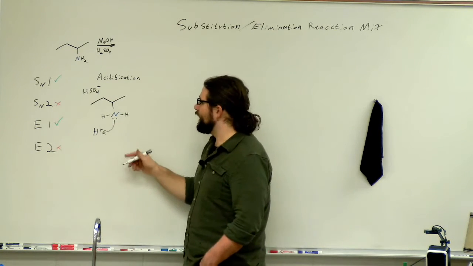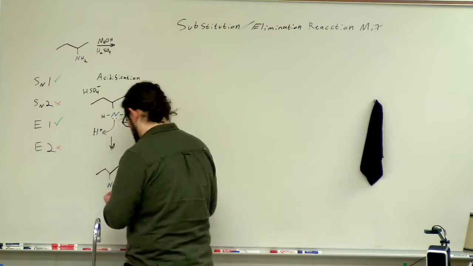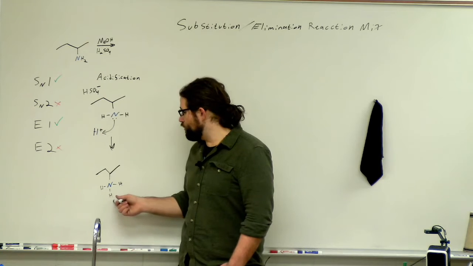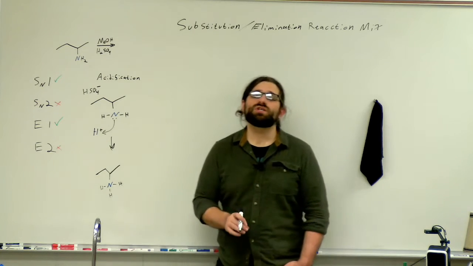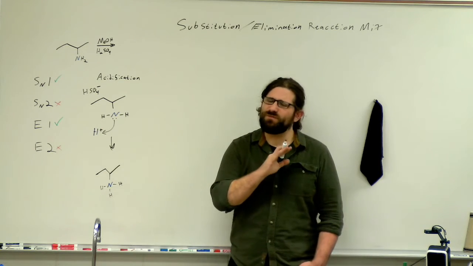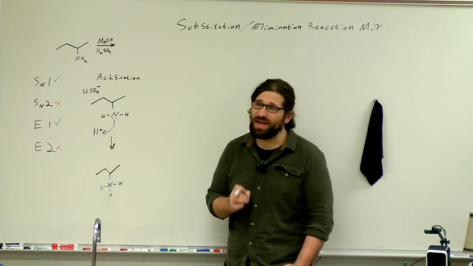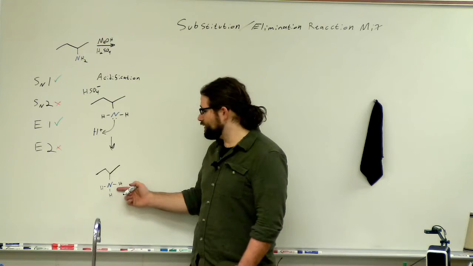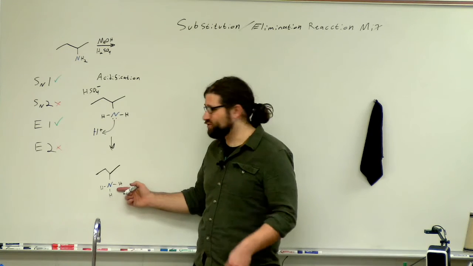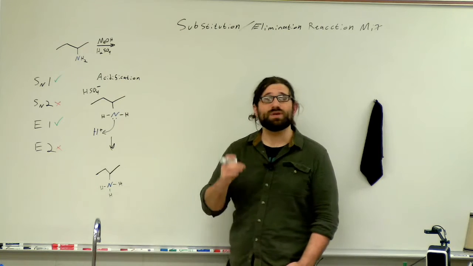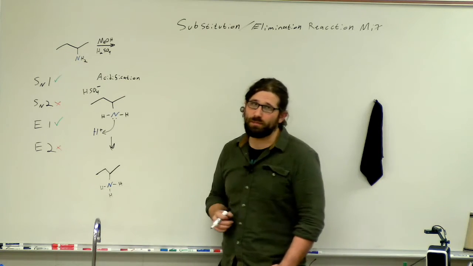So once that occurs, we get an ammonia as a functional group, which is a fantastic leaving group. It's a horrible base. It is not very good at holding on to anything, and it would much rather hold on to these hydrogens than to this carbon. So that's a great leaving group, and we can start our Sn1 and E1 mechanisms.